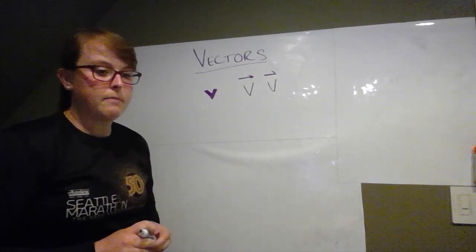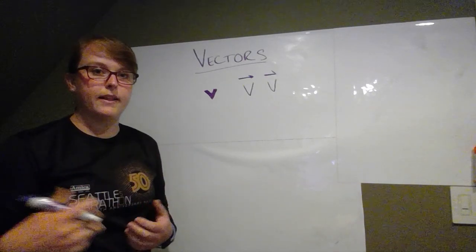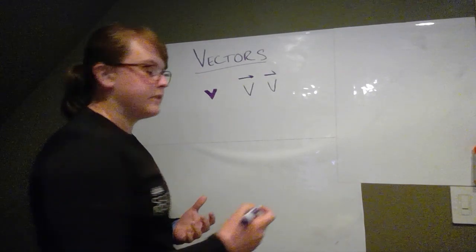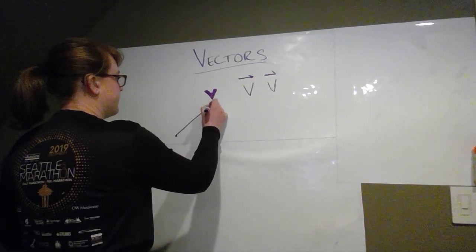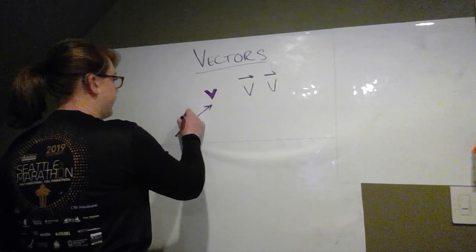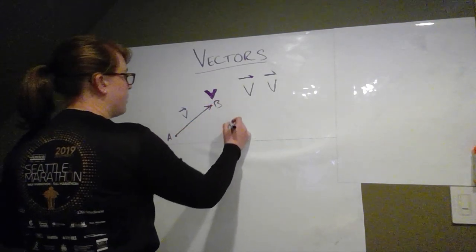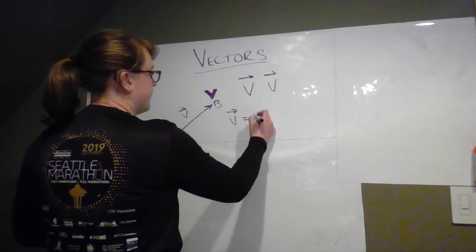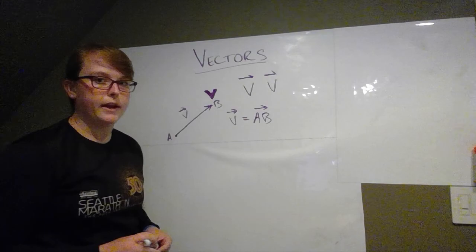You can also talk about them using their endpoints, kind of like a ray in geometry. So if this is your vector, we can call it vector v. It's got endpoints. You could also call this vector AB, kind of like a ray.